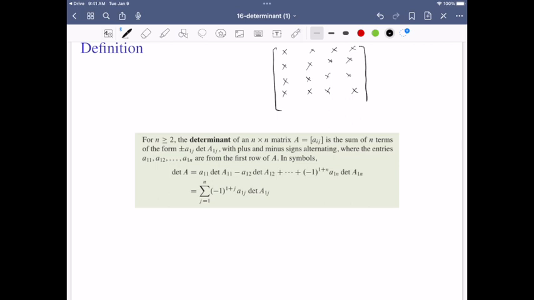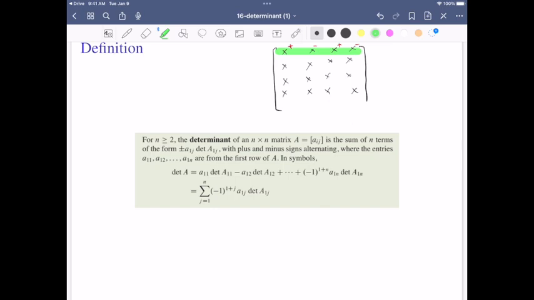To get the determinant, this definition tells you to scan along the first row. So there's a11, a12, a13, a14. Then you put alternating signs on the first row to remind yourself in the computation. So I scanned the first row and put the signs.